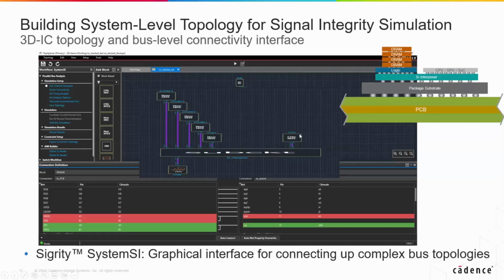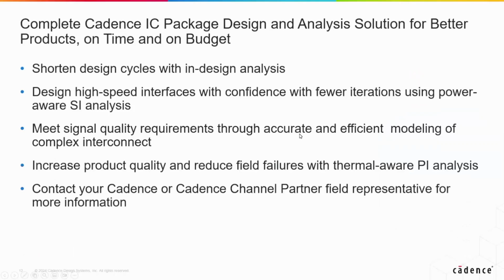So with this, we'll wrap up our webinar. As a final message, today's discussion has helped you see how we can shorten design cycles in in-design analysis from the IC packaging perspective. And certainly when it comes to final sign-off, we believe that using the Cadence technology, you can reduce the iterations and design with high confidence.